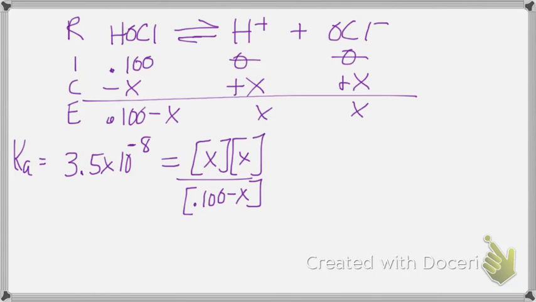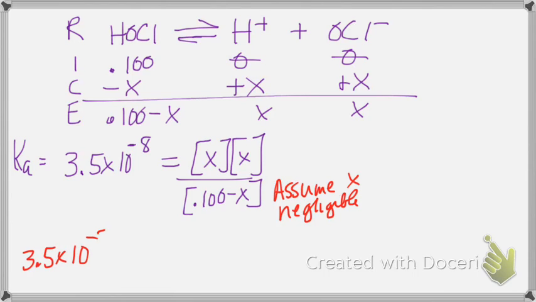We are going to assume x is negligible, so then it becomes 3.5 times 10 to the negative 8 equals x squared over 0.100.